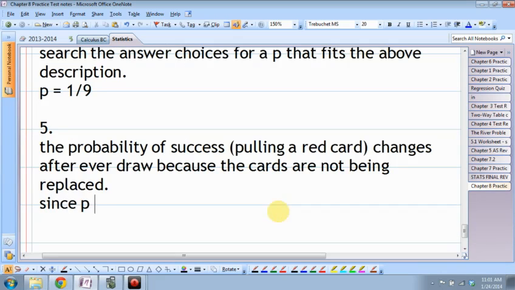Since P changes for every card, this is not binomial.